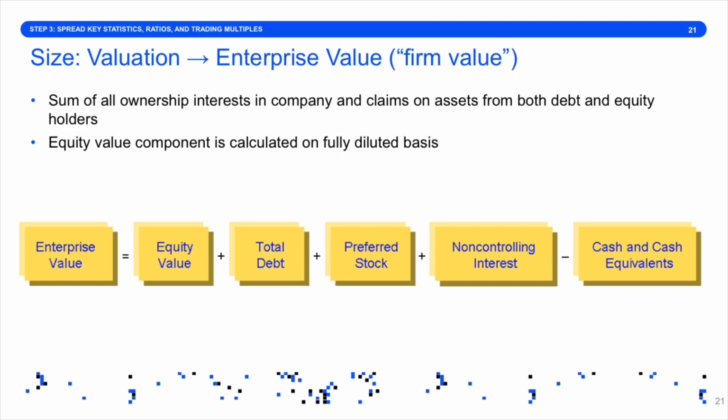They own the assets of the company. The reason why sometimes instead of looking at equity value we want to look at the enterprise value is because equity value can change a lot given the debt structure of the company, while enterprise value doesn't change. Enterprise value is going to be the same regardless of how much equity or debt you have, because it's measuring the value of the assets of the company and not the value of the equity.